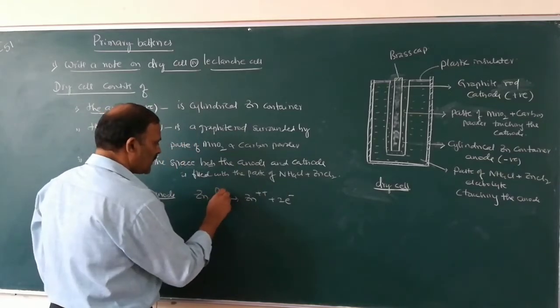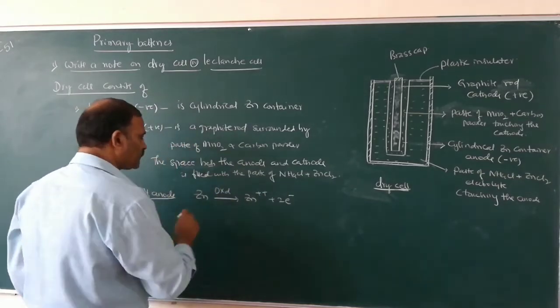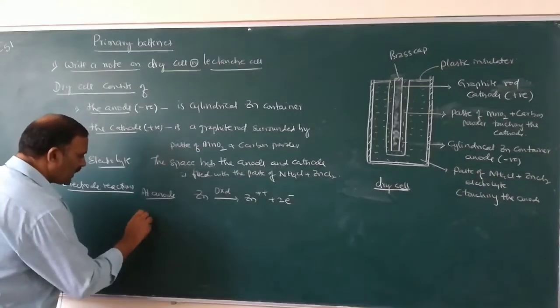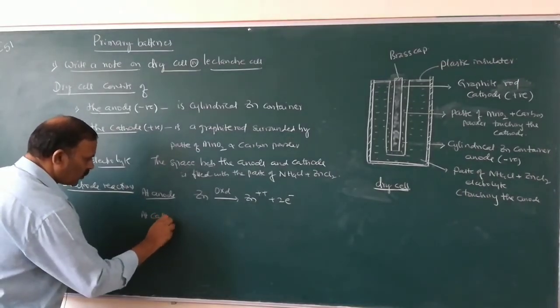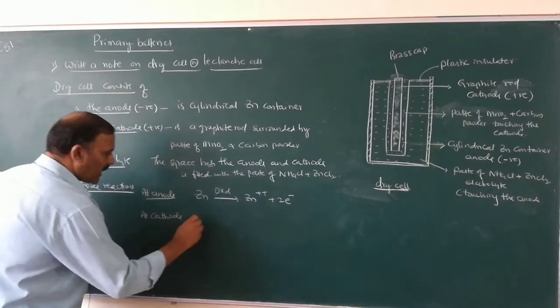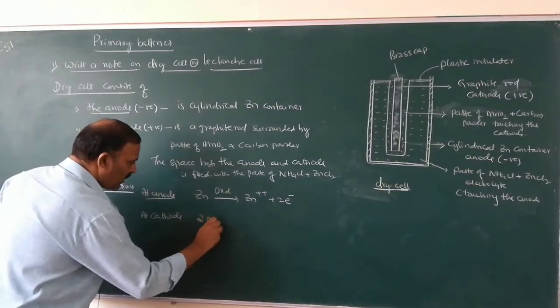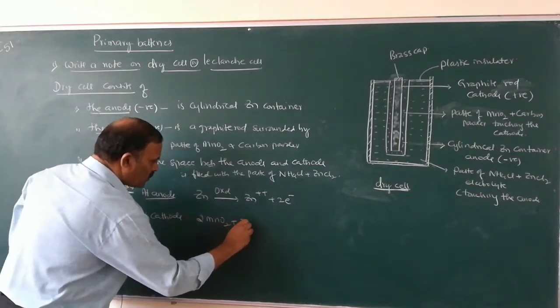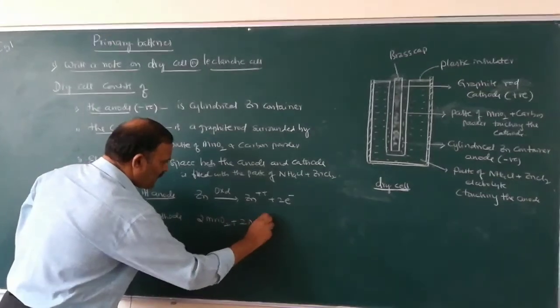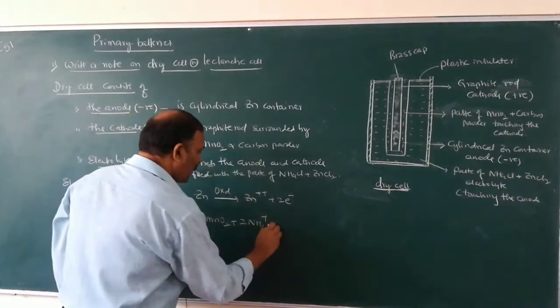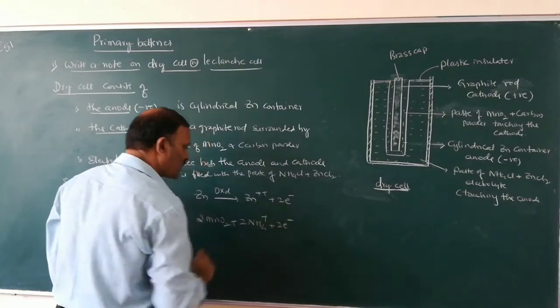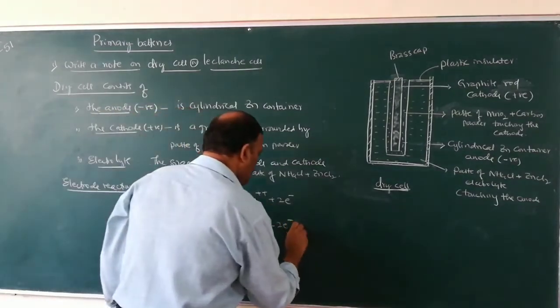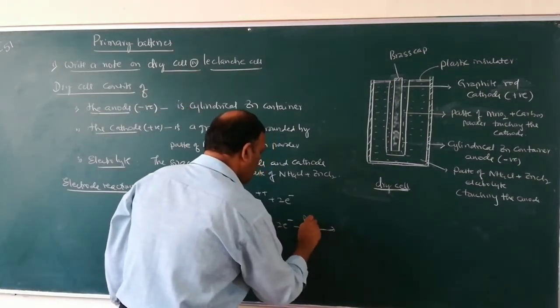So this is oxidation. And then at cathode, 2 MnO2 plus 2 NH4+ plus 2 electrons. So here it is reduction.